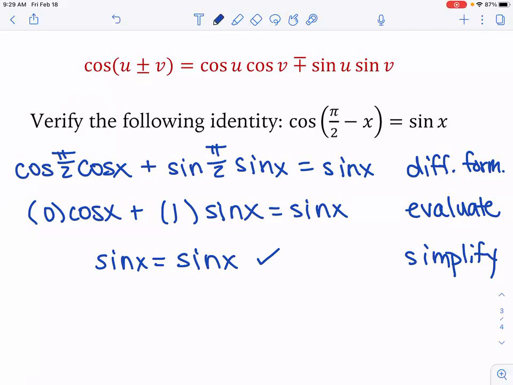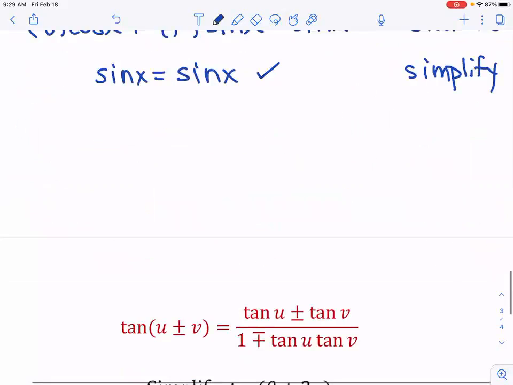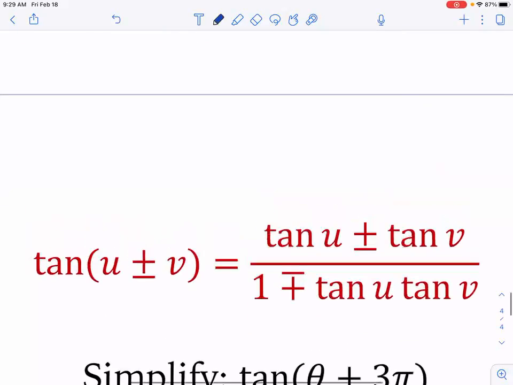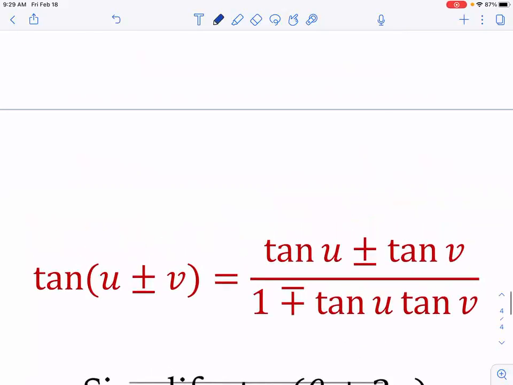Okay. Go ahead and close that flap, and I want you to stare at the tangent formula. We only have 2 more examples left. Okay, so the tangent formula has a little bit more excitement.